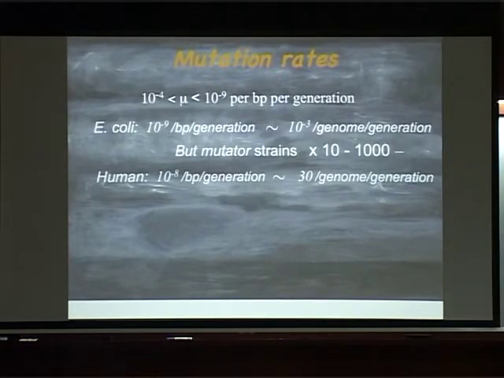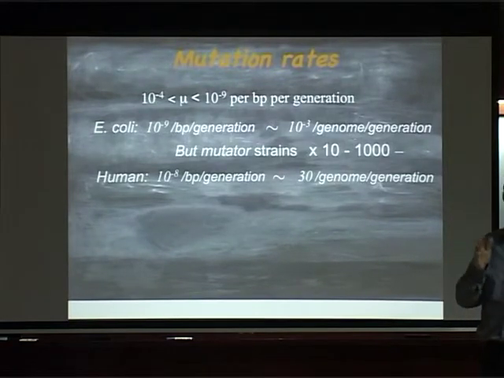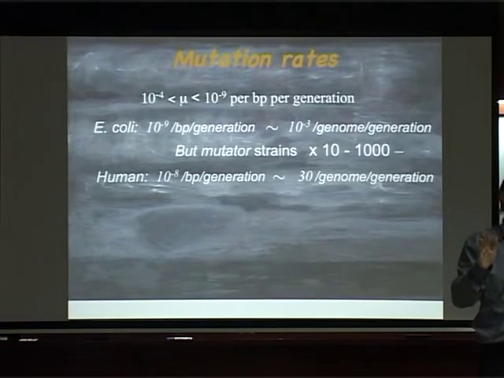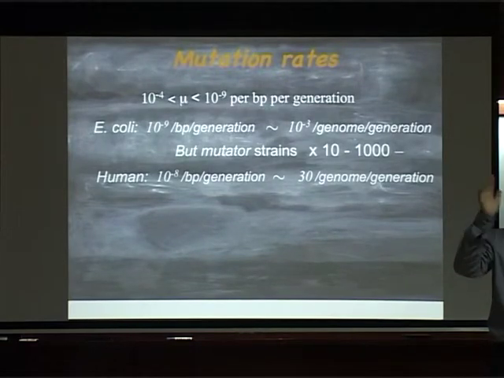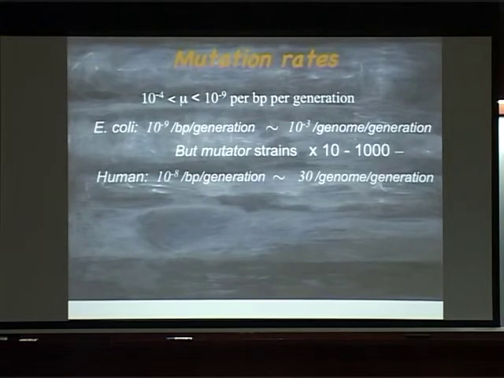So the number is more like 1 per genome generation, which, if you're willing to be flexible, to work with accuracy on a logarithmic scale, and if like me, you have limited memory, so one number to remember is 1 per genome, and it's actually a bit lower than that.